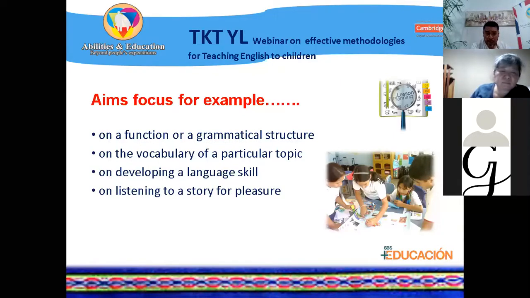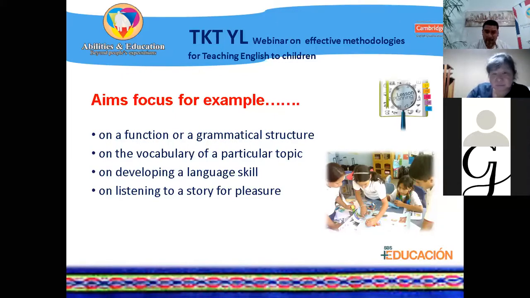All right? Of course, the aims depend on the students' necessities. When you work with only one student, maybe a private student, it is easy to plan a lesson. But it becomes more difficult when you have a class of 30 students, each one with different styles, different necessities, different realities, right?